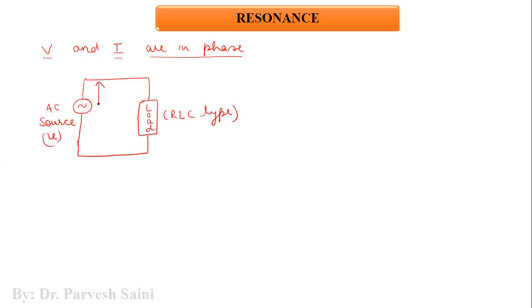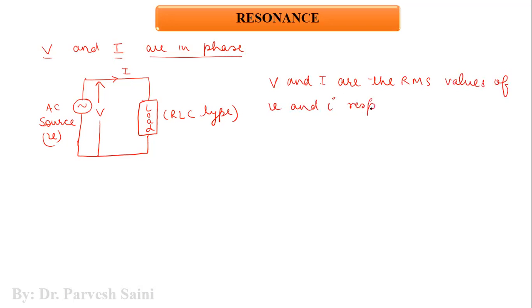Let us say that capital V is the RMS value of the voltage and capital I is the RMS value of the current, where these two are the instantaneous quantities.